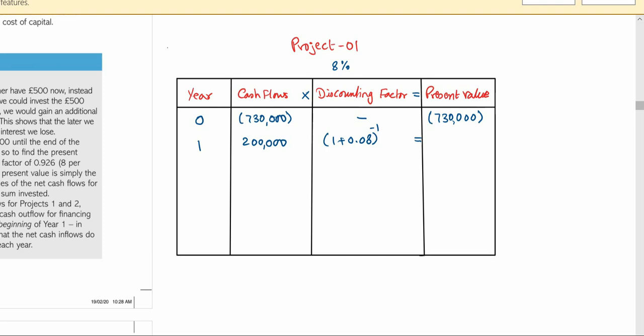What is the amount which we get? It will be 185,185.